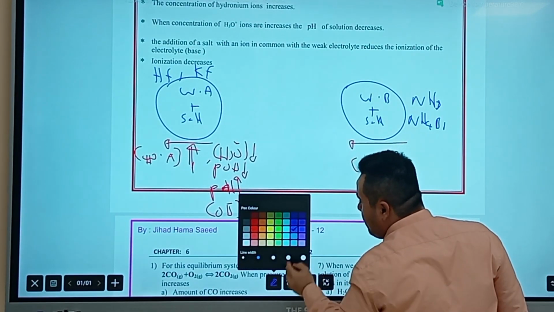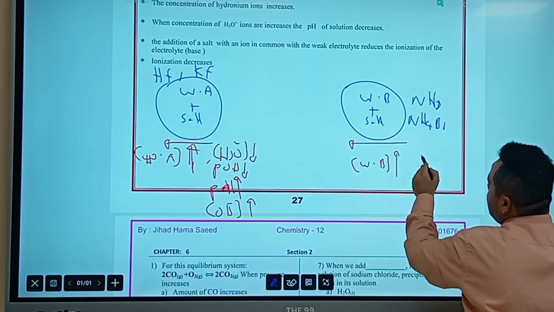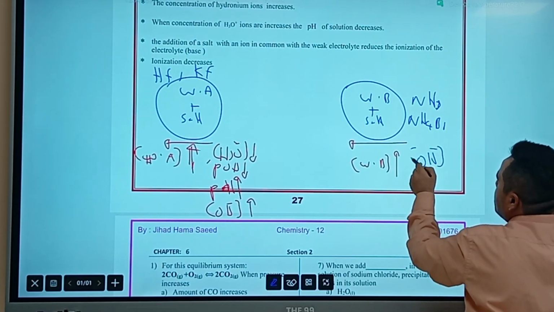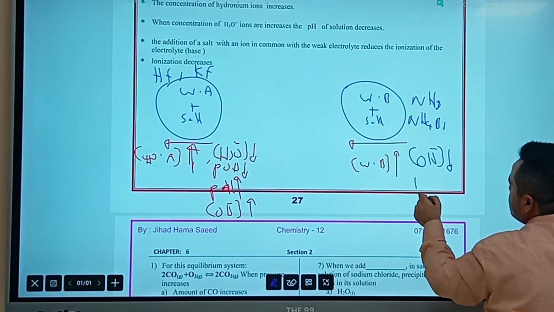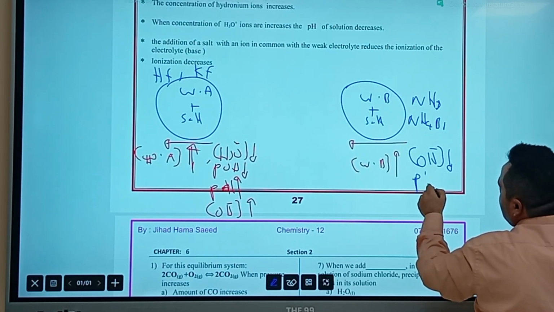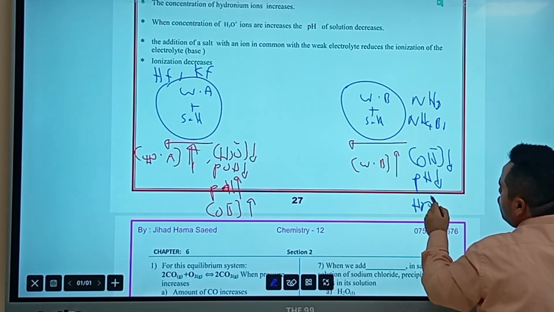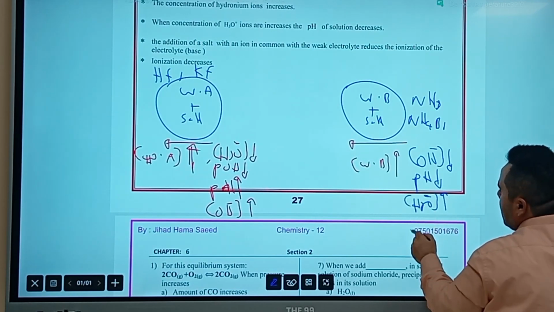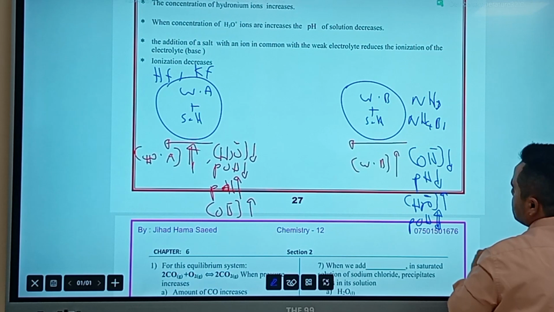But for the weak base, it reduces the hydroxide concentration. When it reduces the hydroxide, that means reducing the pH of the solution, and then hydronium increases, and then pOH increases as well.